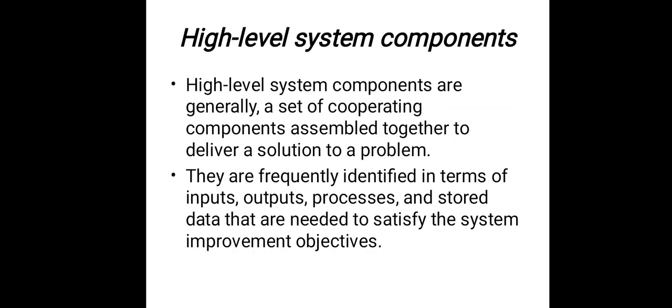High-level system components are generally a set of cooperating components assembled together to deliver a solution to a problem. They are frequently identified in terms of inputs, outputs, processes, and stored data that are needed to satisfy the system improvement objectives. If these components are missing, the system fails to fulfill the primary mission.